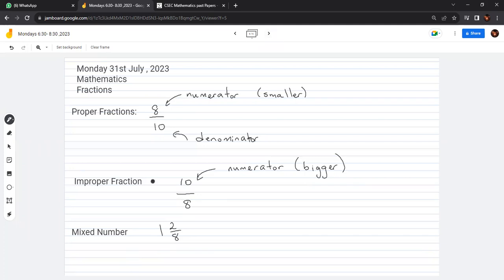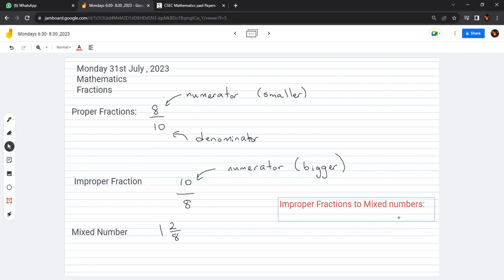Right, so just to note, I'll change the color of this part here. Improper fractions to mixed numbers. What we do is, that's like changing 10/8 into a mixed number.